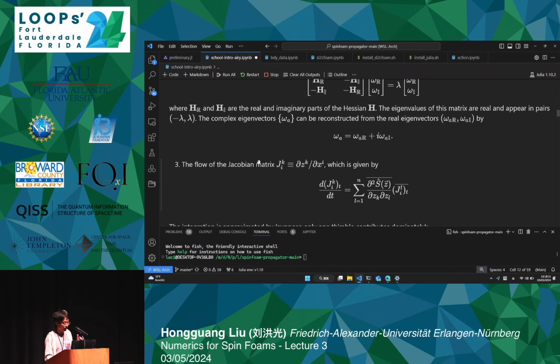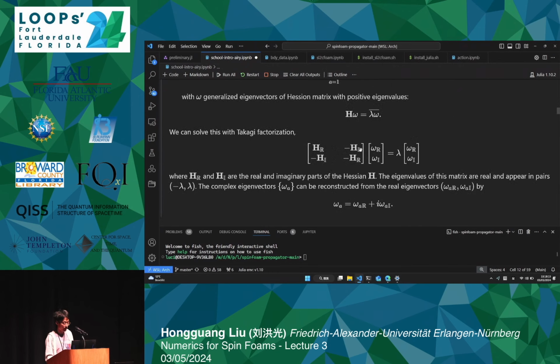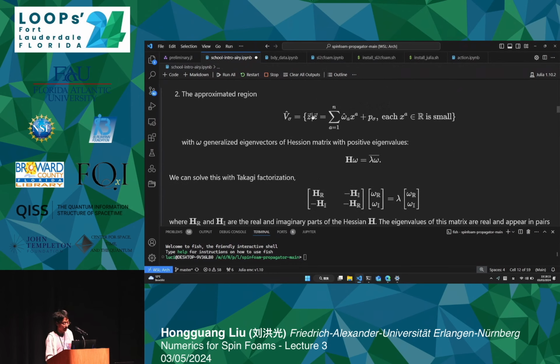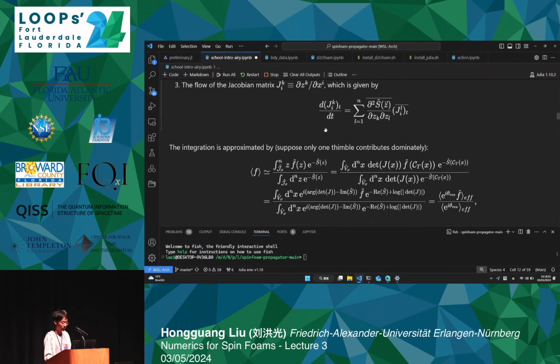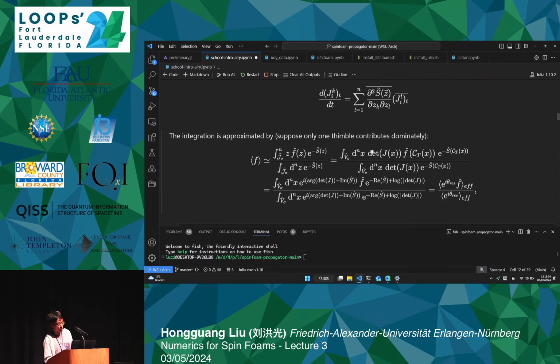Then we have the flow of the Jacobi matrix as well, which transforms from the original z coordinate into the x coordinate we consider. And then we finally sample in the x coordinate. So this transforms our original integration into an integration over the x coordinate, and finally becomes a sampling problem, where the sampling goes by the probability distribution of this exponential. And then you can do all the tricks.